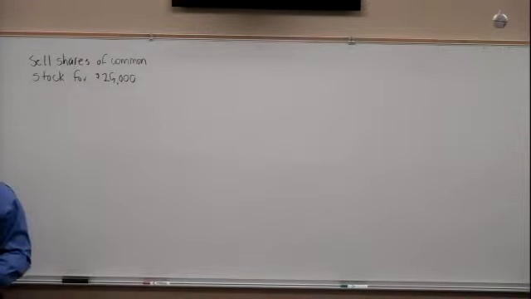So we sell shares of common stock for $25,000. What's going to be the entry to record this transaction?